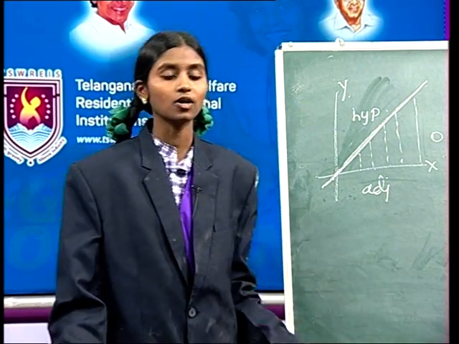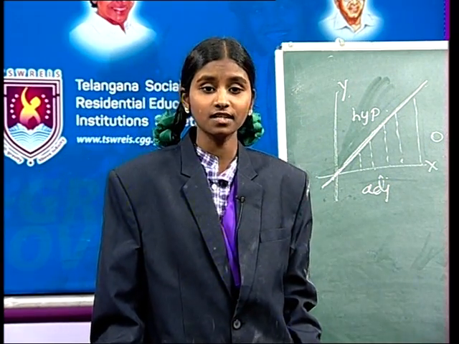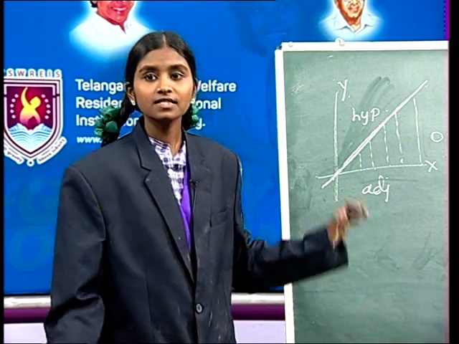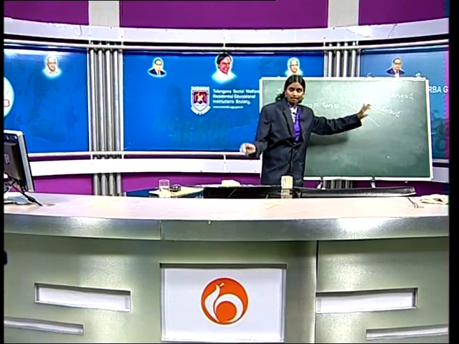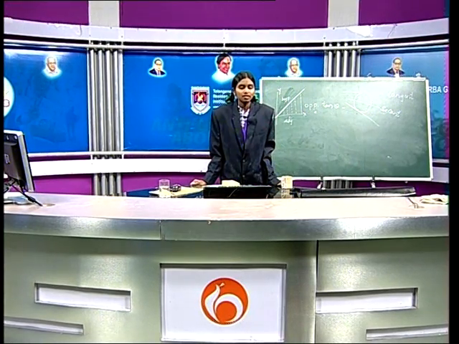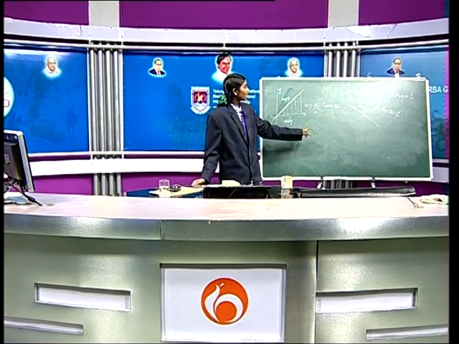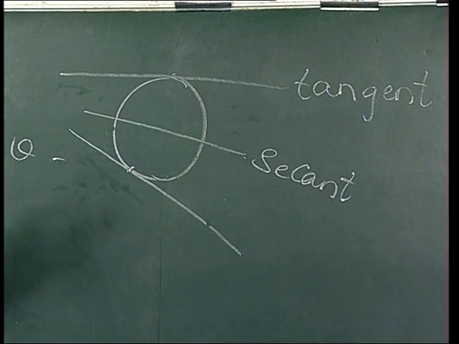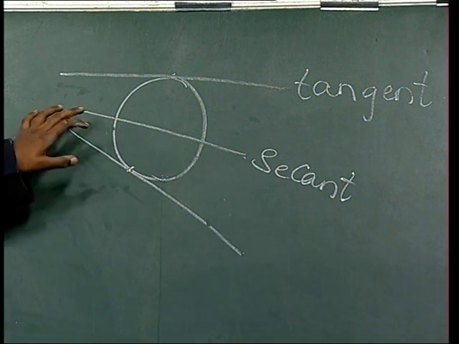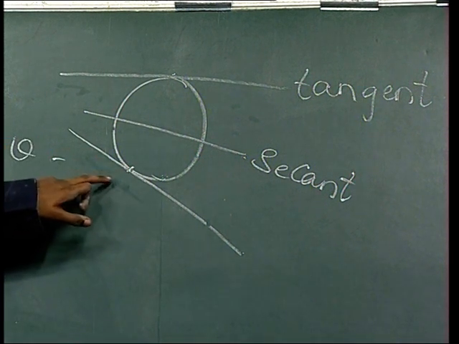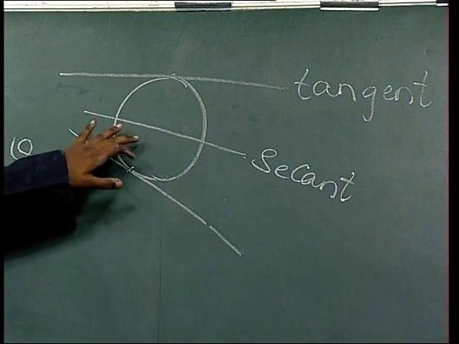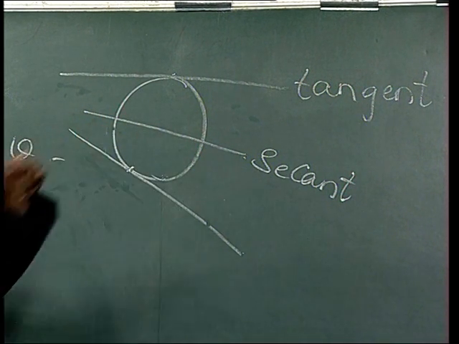Yeah, it's right. You have posed me a very good and excellent question. So friends, see that I have just drawn a tangent and also a secant, right? Mamta, listen to me carefully, a tangent will intersect a circle or a curve at only one point, and a secant intersects the circle at two points.